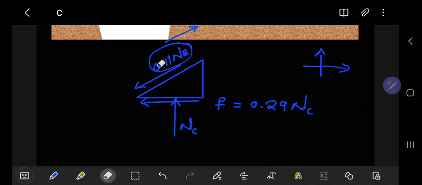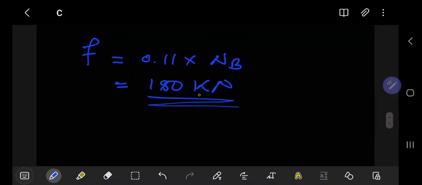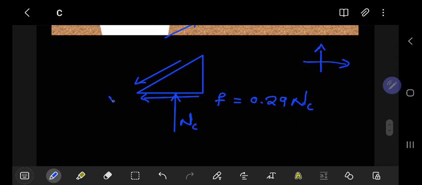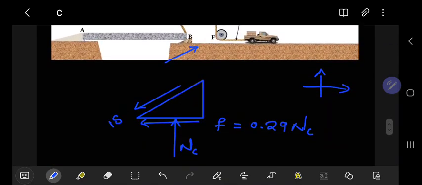So I think we already found this force of friction, 0.11 multiplying NB. I think we did get what this one was in our previous calculation. It was 180 kilonewtons.